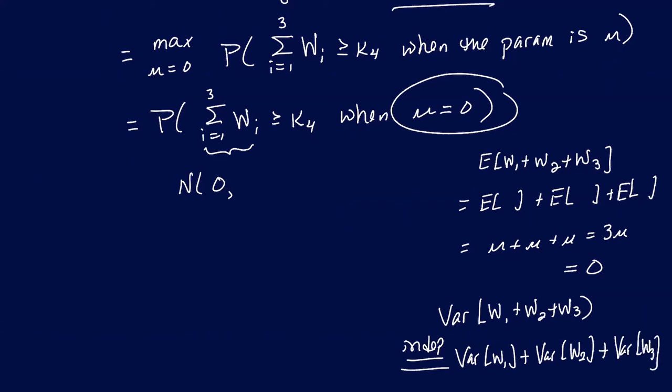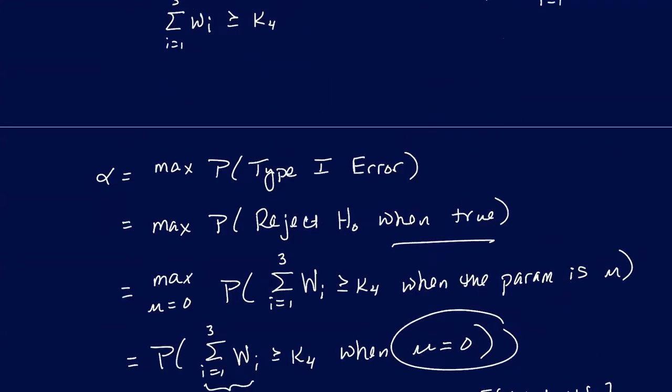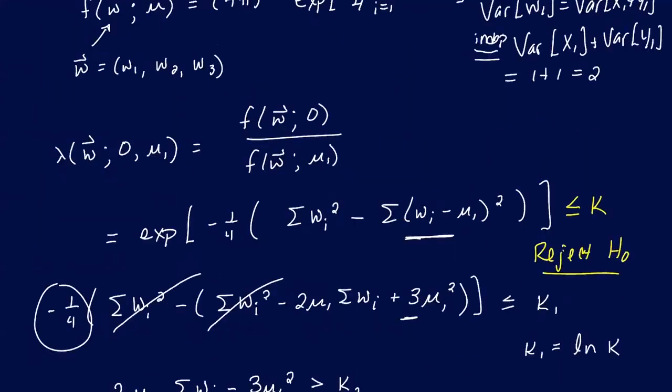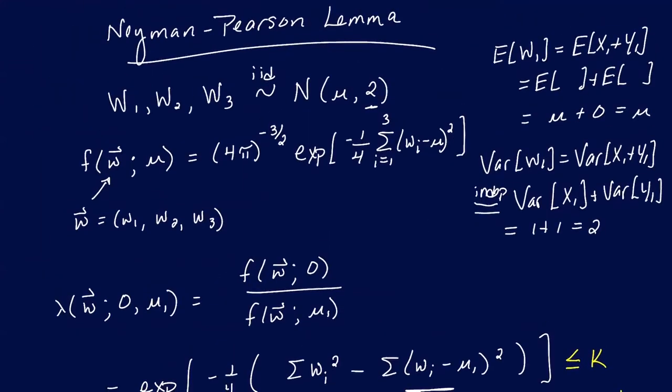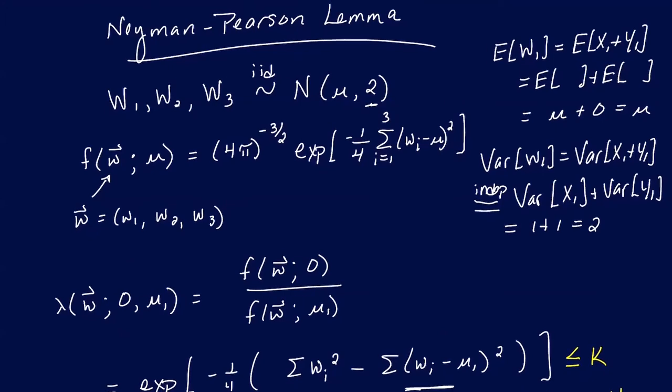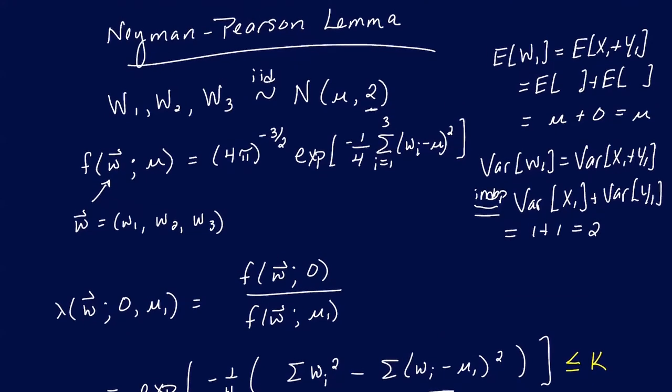And I don't think I ever wrote down, let me just double check here. Yeah, I never wrote down at this point the variance of the sum, but each one has variance 2, and we're getting to add those variances together. So we get a total of 2 plus 2 plus 2, so 6.